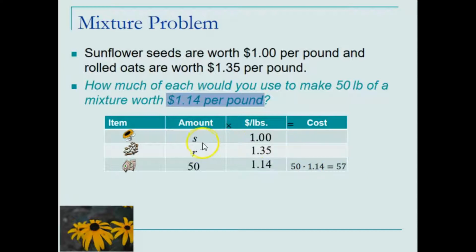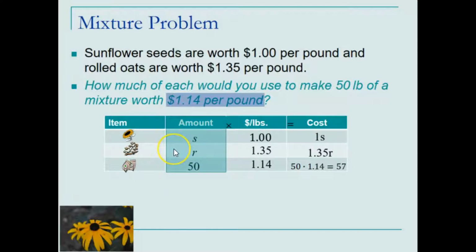We'll do the same for sunflowers. S times $1 will result in a cost of 1S, or just simply S, and our cost for the rolled oats will be R times $1.35, or listed here as $1.35 times R. The two equations then needed to solve this system will come from this column.